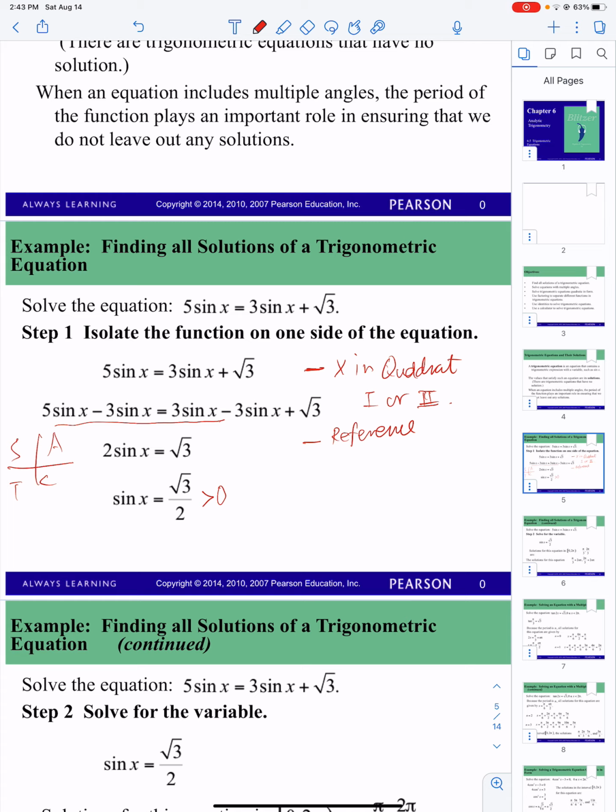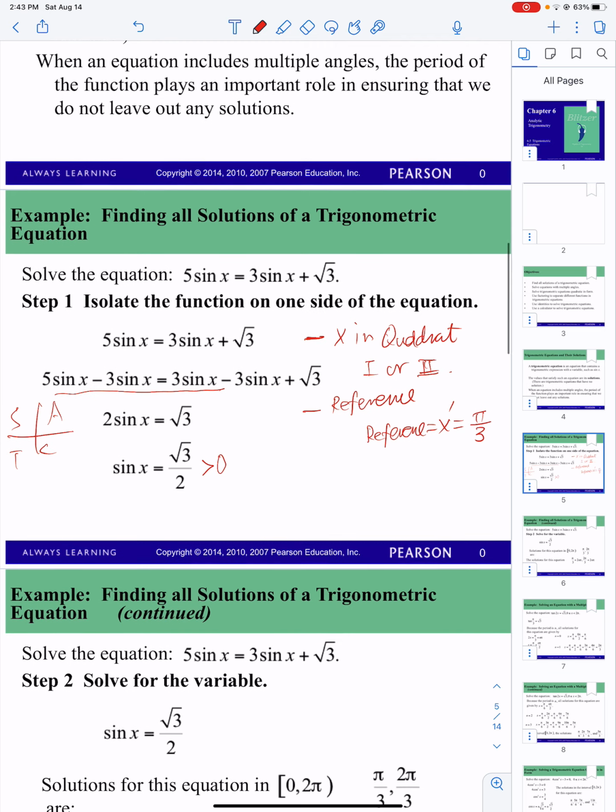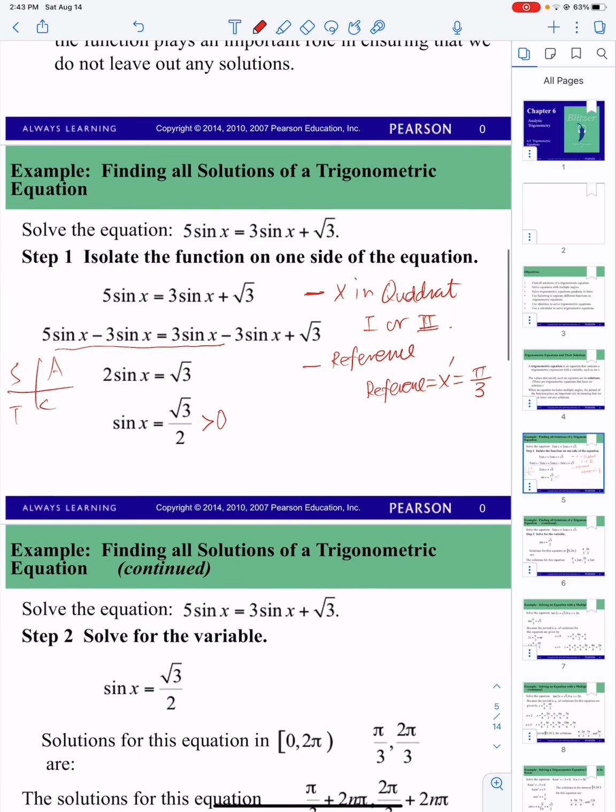Because after you find the quadrant, if you find the right reference angle, then you can find x. So sine x equals square root of 3 over 2. What will be the reference angle? Sometimes we use x prime, which will be pi over 3. So quadrant 1, quadrant 2.